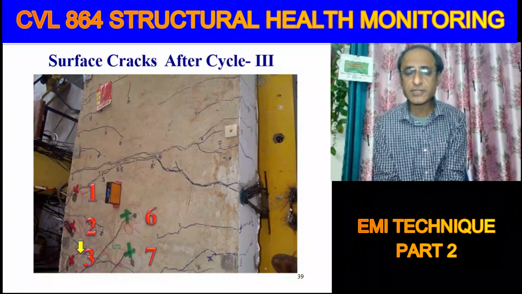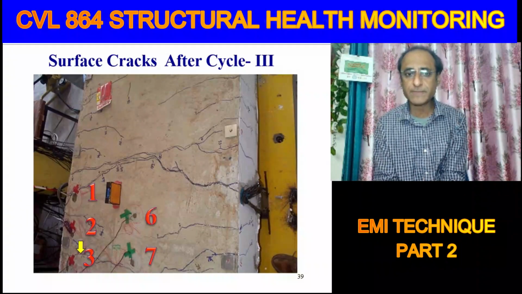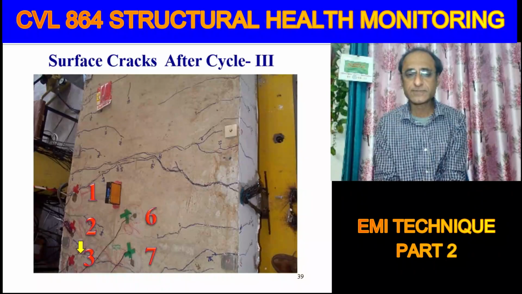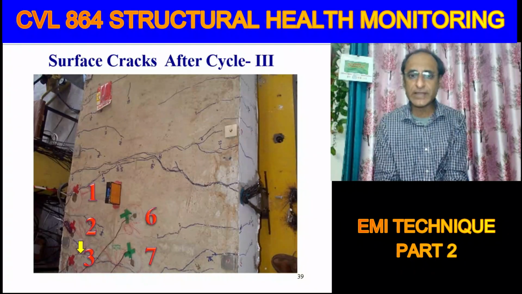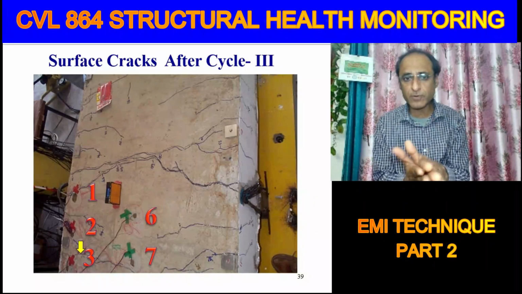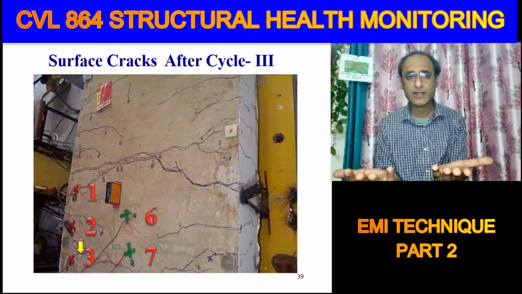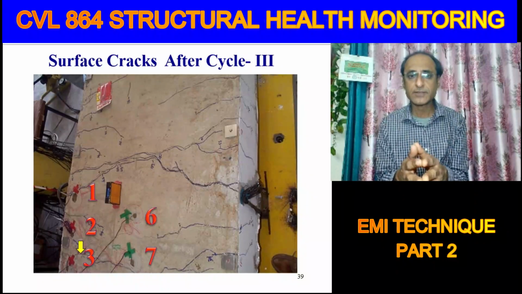Slip is referring to the strain gauge. See, the problem with the strain gauges is that near the failure strains, the debonding process occurs. When the strain level is less, at that point there is a near perfect value.